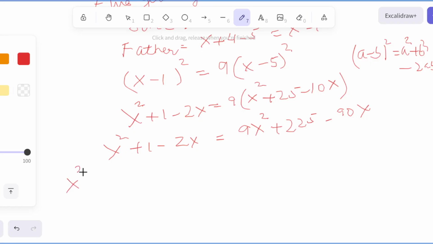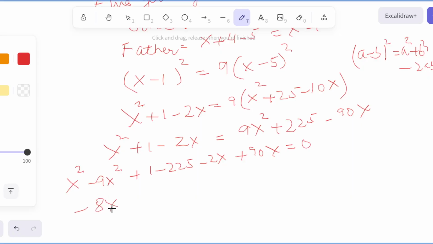So this becomes x square minus 9x square plus 1 minus 225 minus 2x plus 90x equal to 0. Everything I have changed the sign. So minus 90x has become 90x, 225 becomes minus 225, and 9x square becomes minus 9x square.